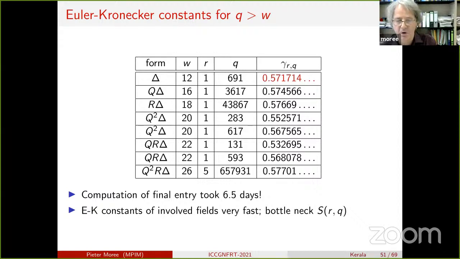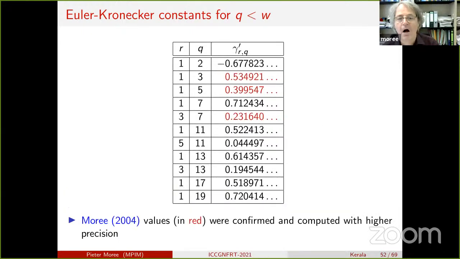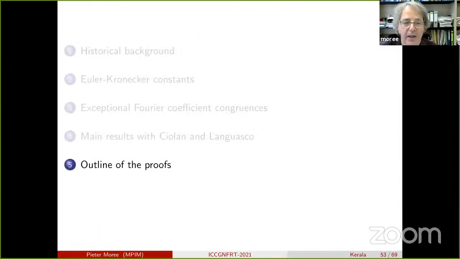He has a cluster of computers available. So he could compute those Euler-Kronecker constants, also for the case where q is smaller than the weight. Here are some further examples, and I was very happy to see that the constants I had computed in 2004 were actually correct. So that was our computation.